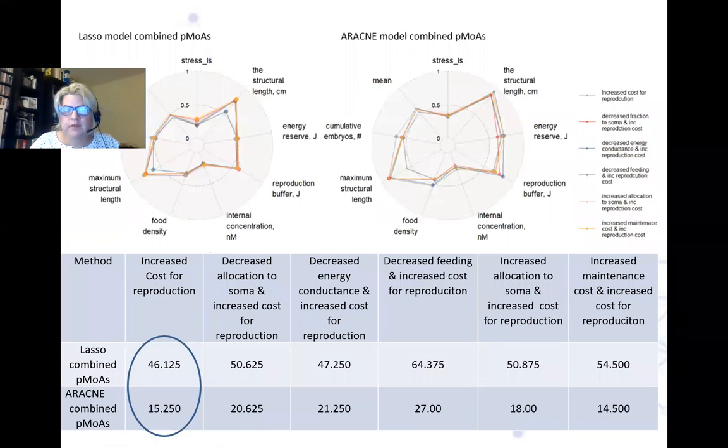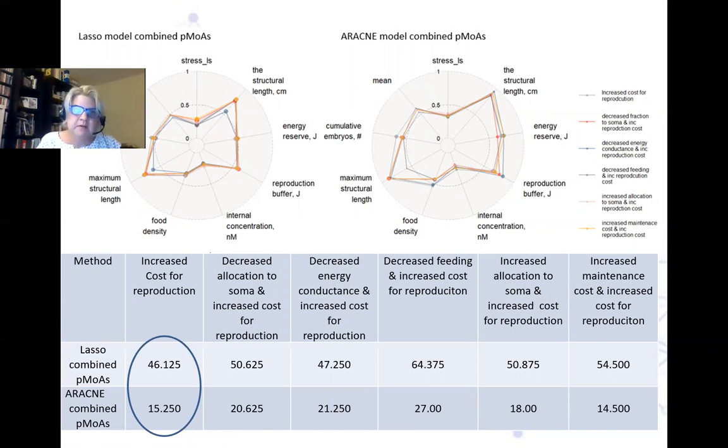They also explored whether you can do a combination of physiological modes of action. They used the increased cost of reproduction, which is what we have here, and added one other physiological mode of action. What you see is these two approaches lead to different selections of models, so it's not as clear cut what's happening here.